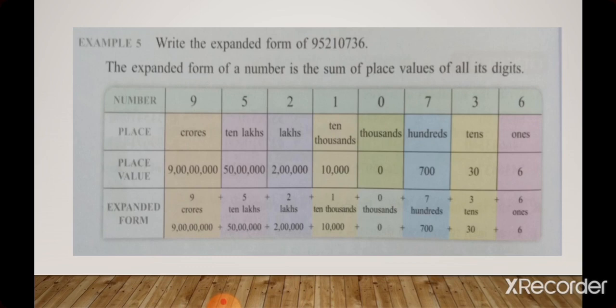So these place values you can write in values. So 9 crores plus 50 lakh plus 2 lakhs plus 10,000 plus 0 plus 700 plus 30 plus 6. So like this, you should write the expanded form of a given number.